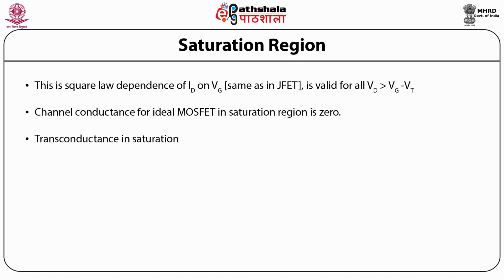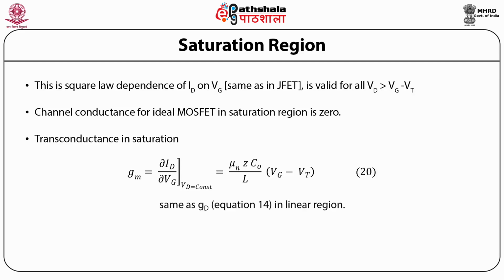Transconductance in saturation is given by Gm equal to del Id by del Vg at Vd equal to constant, equal to mu n z C naught by L multiplied by Vg minus Vt. Now here this Gm is same as Gd in linear region, which was signified by equation 14.